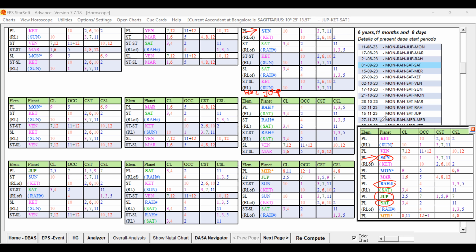And apart from that, our strong primary cuspal sublord key planet, the destiny planet, is also ruling, and that role can also be taken as important. So what does it mean? If the Buddhi Lord has Sun and also Jupiter, and the role of Saturn and the role of Rahu, if they are all present, it is going to be very good.